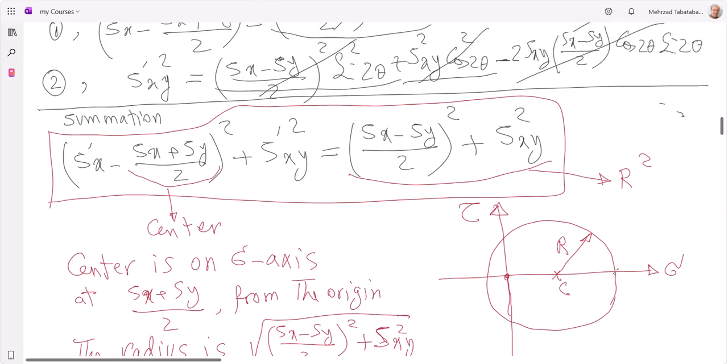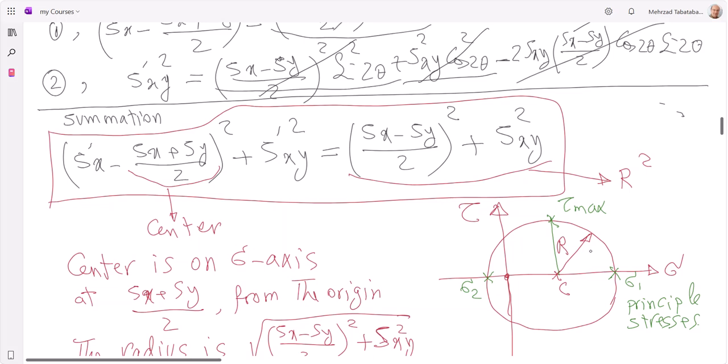These 2 points where this circle crosses the sigma axis are the principal stresses. What does it mean? It means that at this orientation, the normal stresses are maximum. This is a very useful information. And shear stress is 0. Whereas at this location, tau is max. Shear stress is max.